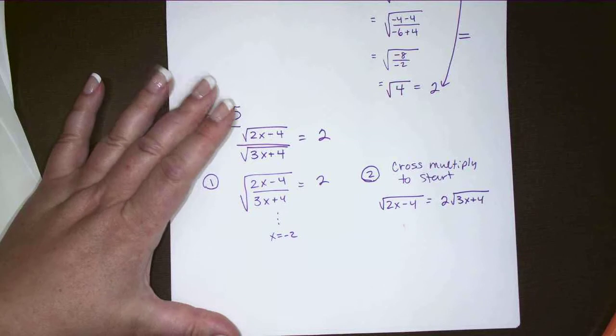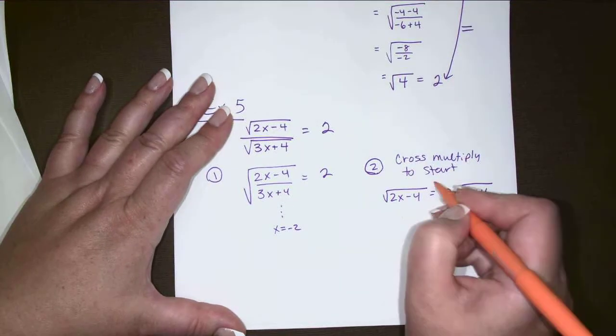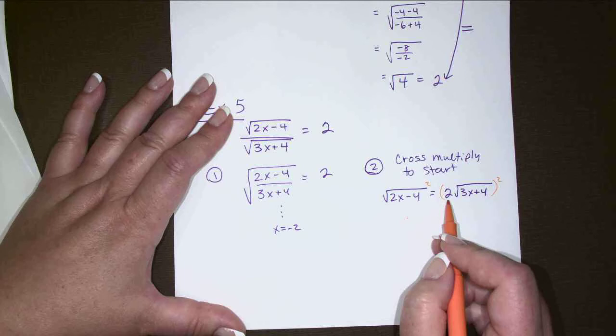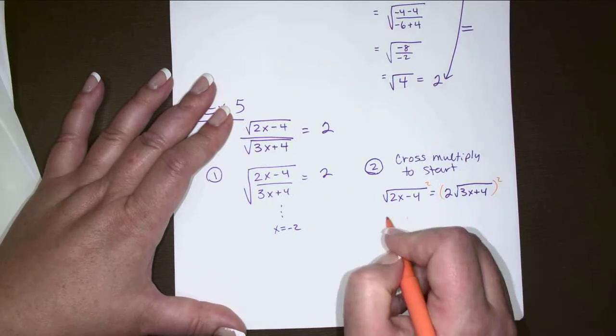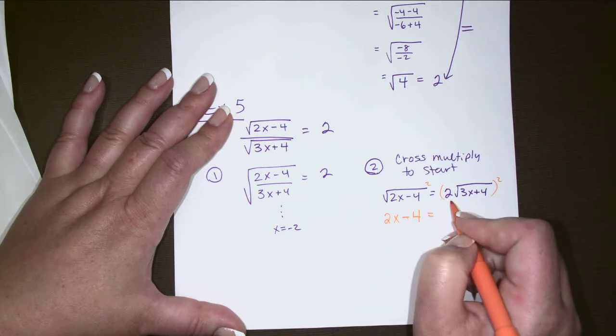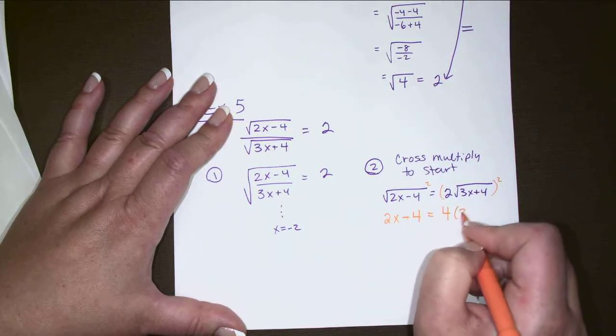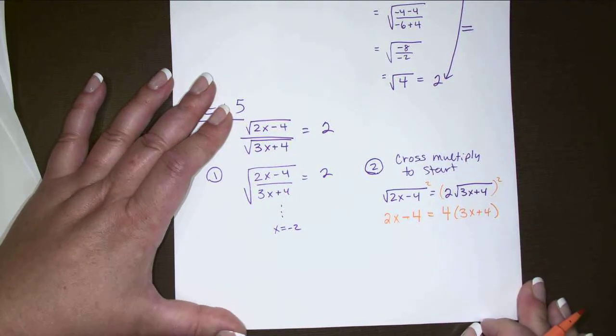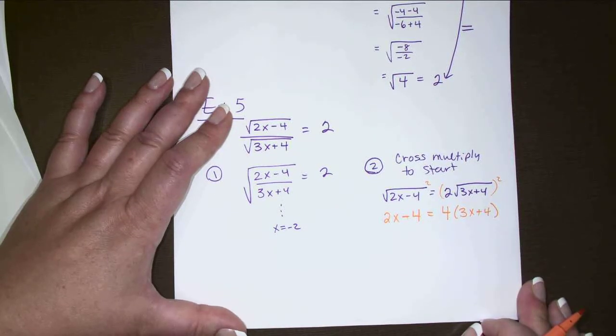Now if we square both sides, we did a question like this last time. When you square both sides over here, there's more than just the root to square, so you have to square the 2 as well. Here you would have 2x minus 4, and here you have 4 times 3x plus 4. Square the 2, square the root.